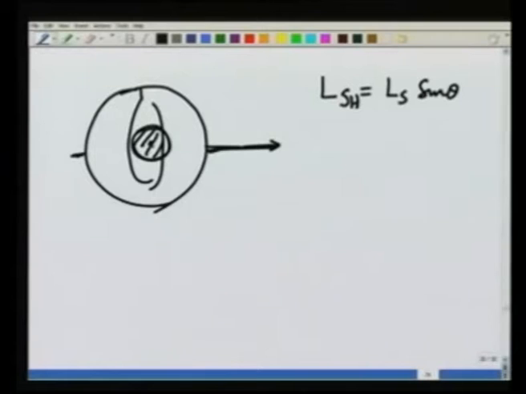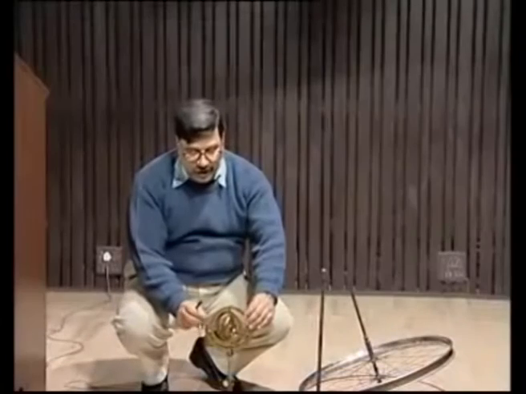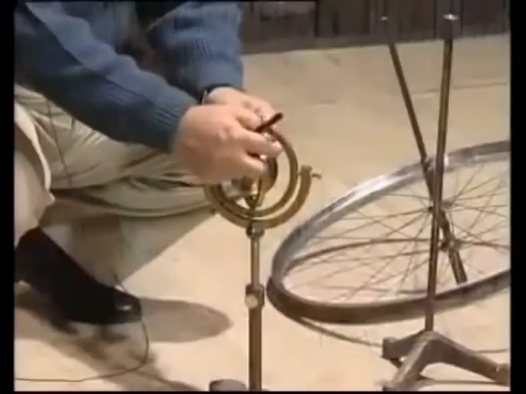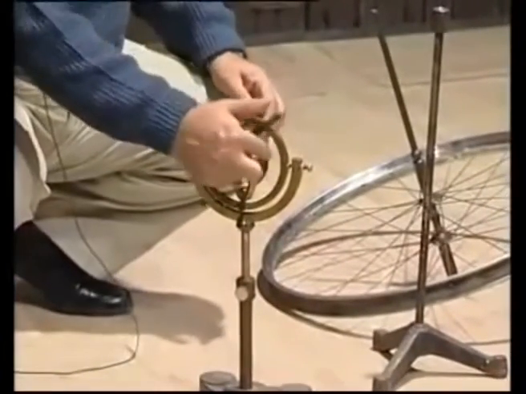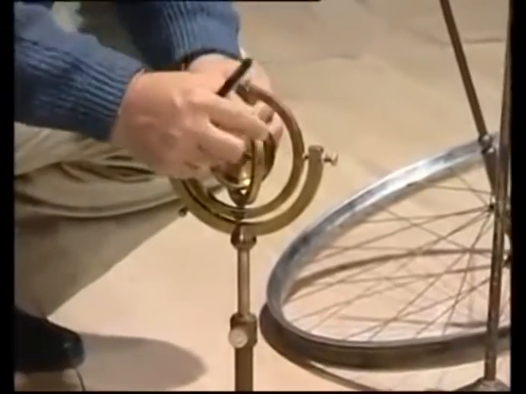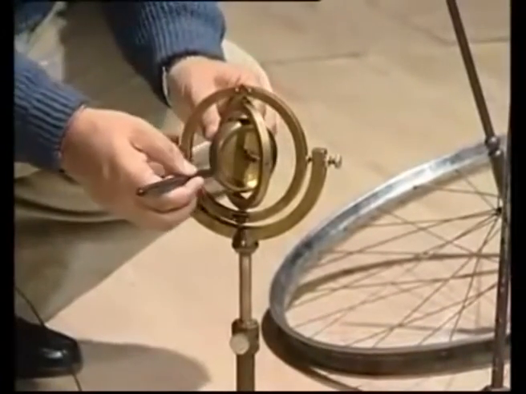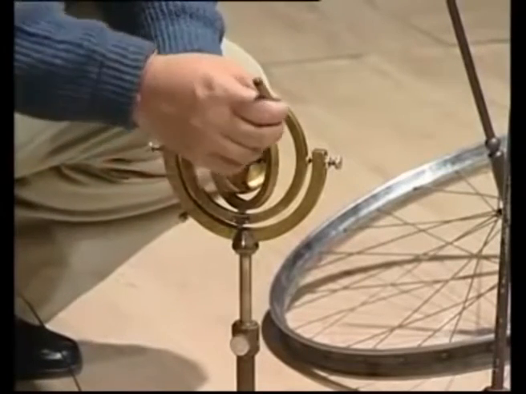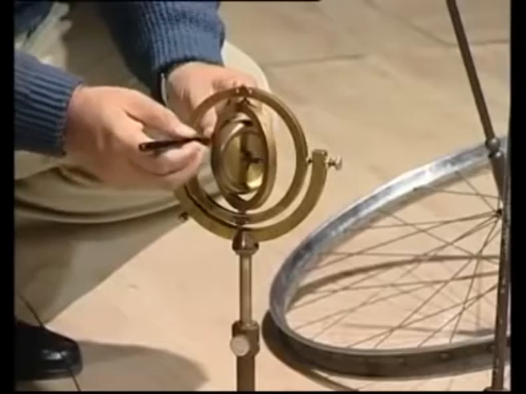I am assuming it is making an angle with this. So, what I am assuming is, here is the axis and this fellow is making an angle like this with this axis. So, therefore, the component in this direction is going to be Ls sin theta, and along the axis is going to be Ls cosine theta.